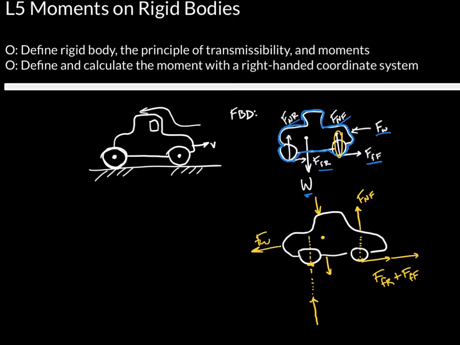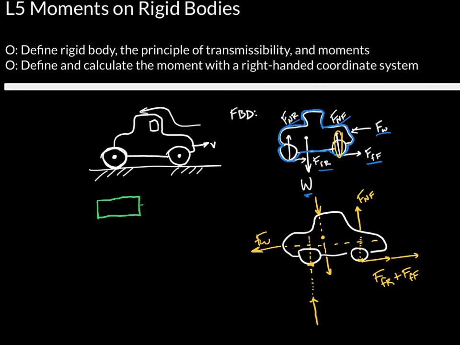There's a thought that should occur to you as I'm moving all these forces along their line of action. The line of action is basically moving the force in a straight line along itself. I'm going to show this on a simpler free body diagram. Imagine I've got a block at equilibrium. There's no gravity because I don't feel like dealing with up and down right now.